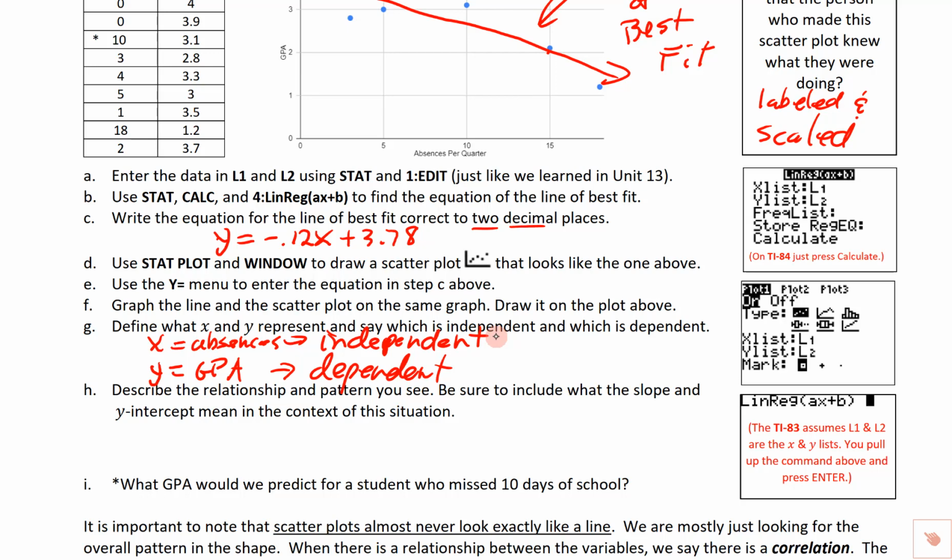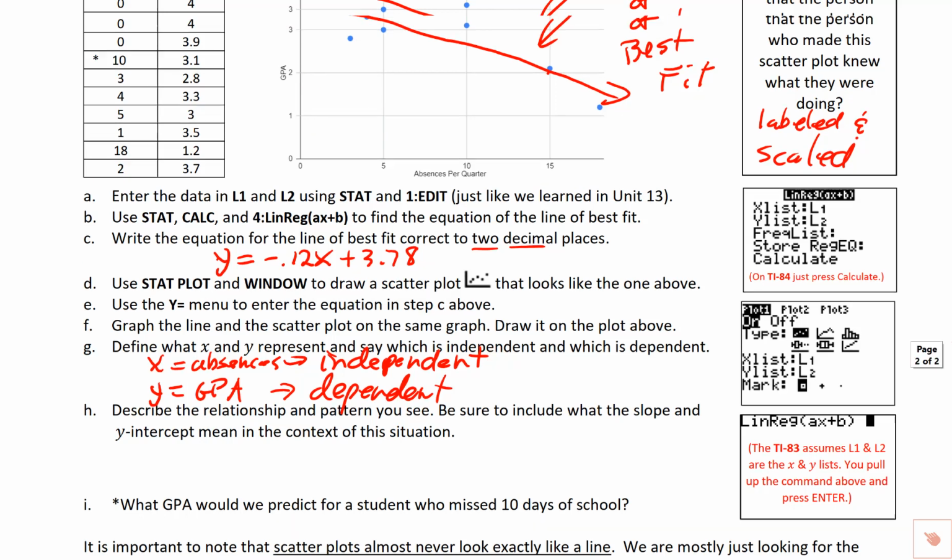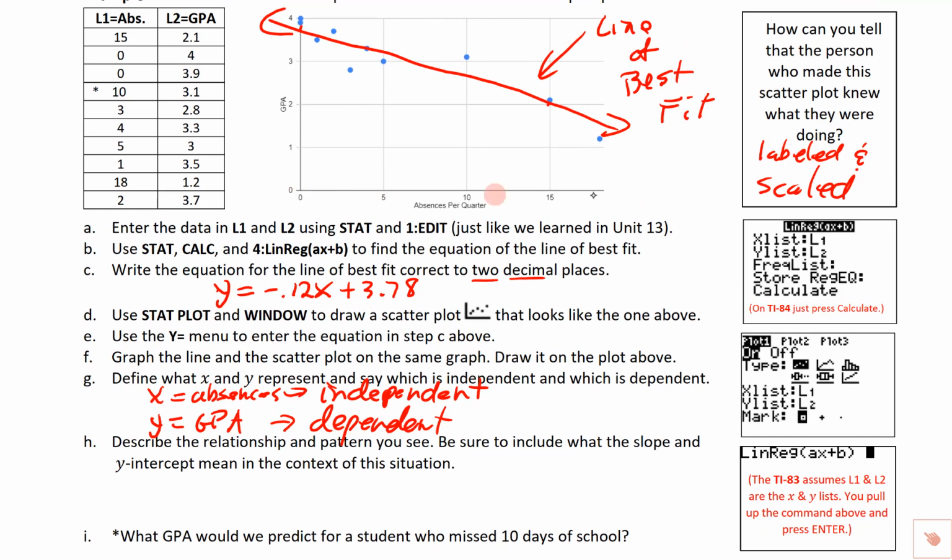It says describe the relationship and the pattern that you see. So again, we've talked about this briefly already. It looks like the more you're absent, the lower your GPA. So more absences means lower GPA, okay? And it says, make sure you talk about what the slope and the y-intercept represent.